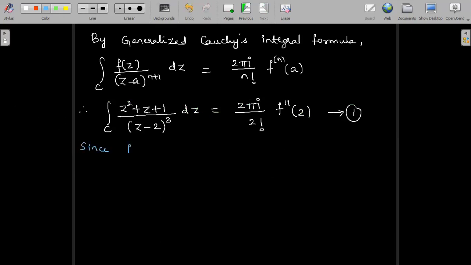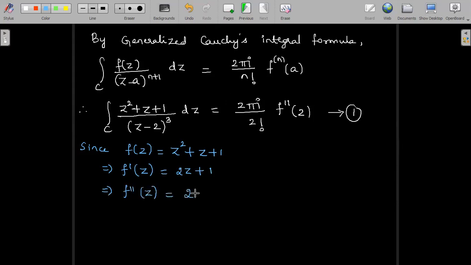Since f of z is equal to z square plus z plus 1, we get f dash of z first is equal to 2z plus 1. And hence f double dash of z will be equal to 2 after differentiation.